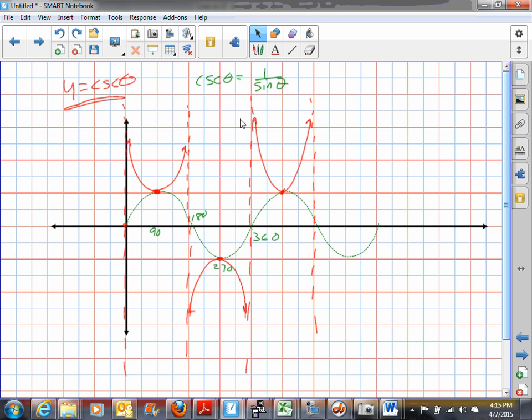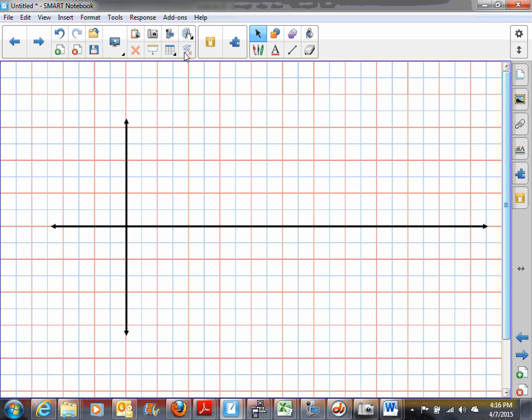All right, now the secant graph works pretty much the same way. You might want to pause the video here and try this one yourself. Okay, hi, welcome back. Now let's do the secant graph. So with the secant graph, we're going to first start out with y equals cosine theta. And remember, that was 1 and 0 and -1 and 0 and 1 and 0 and -1 and 0.